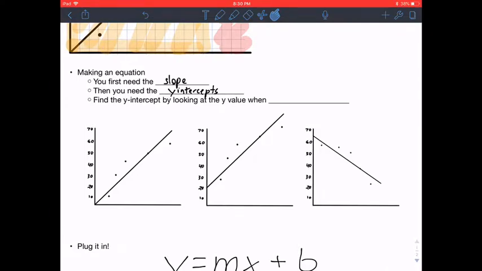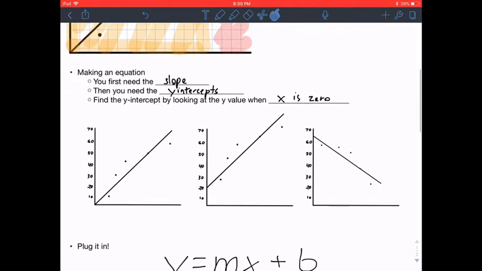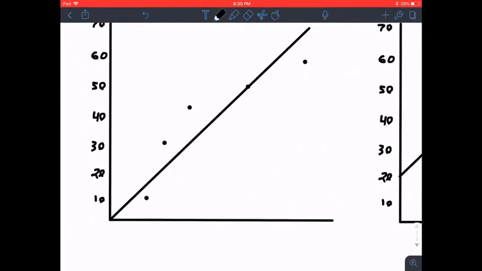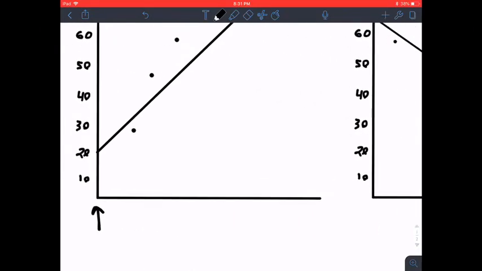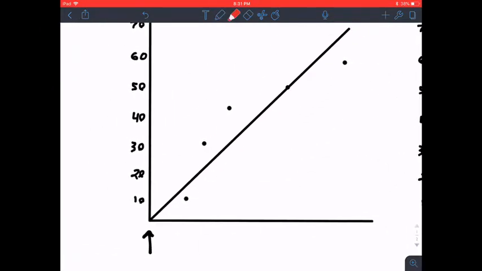So the y-intercept is found by looking at the y value when the x value is 0. So if you look at these graphs, x is going to be 0 right here. That's the point where x is 0. We call that the origin. And so sometimes, I'm going to highlight this in purple, or sort of a pinkish color.